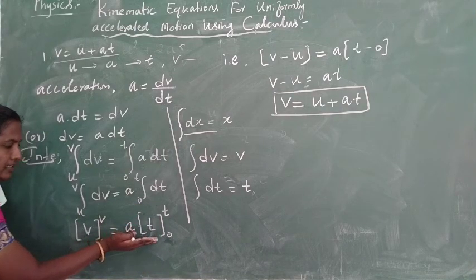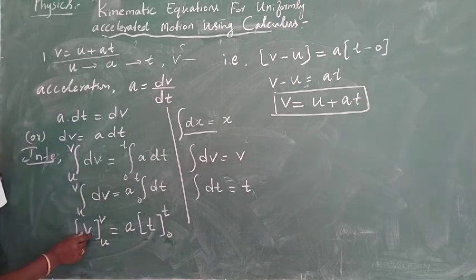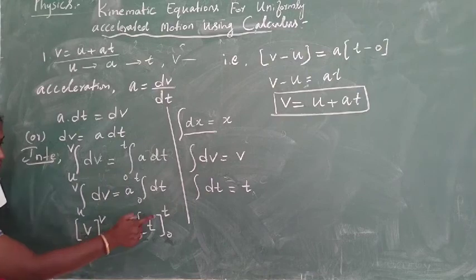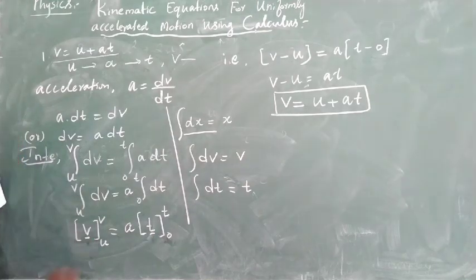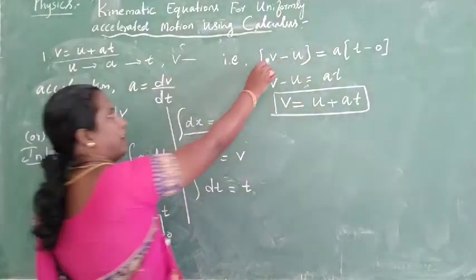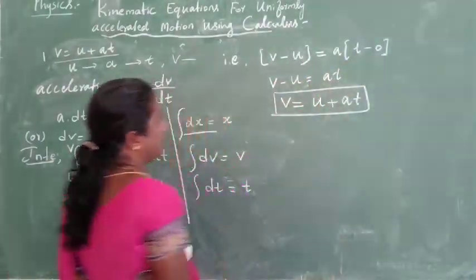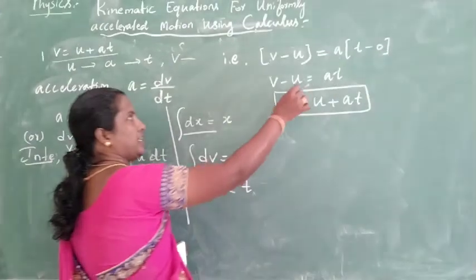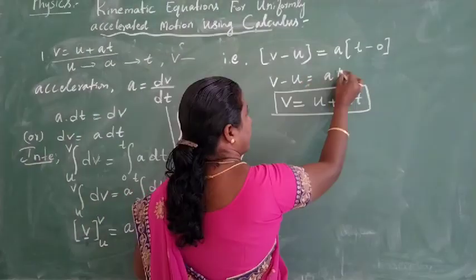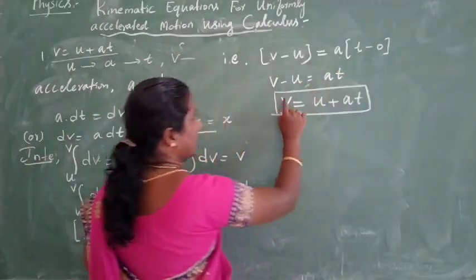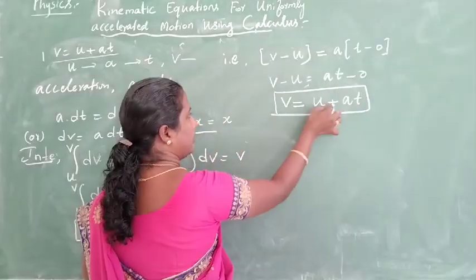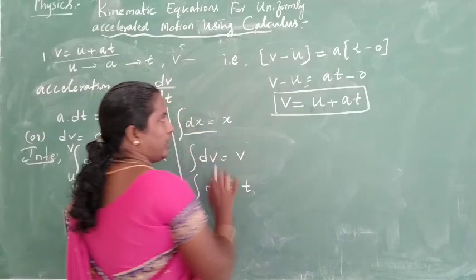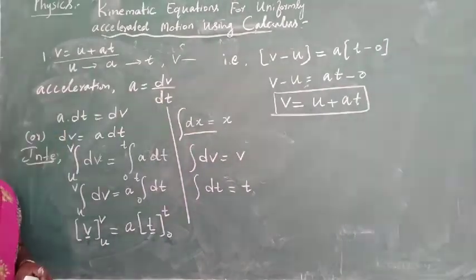After integrating, we substitute the upper value minus the lower value in place of t and in place of v. That is, v minus u is equal to a into t minus 0. So at minus 0 is just at. If we take u to this side, v is equal to u plus at. This is the first derivation.